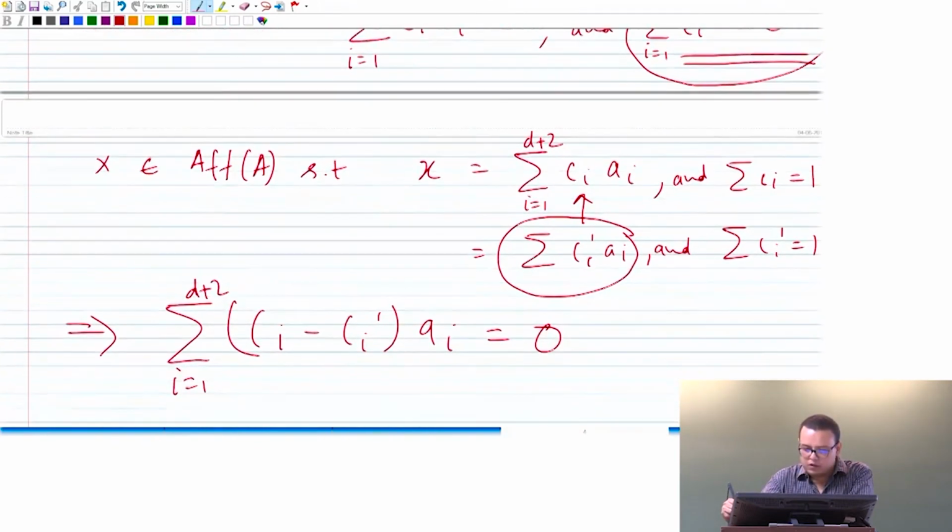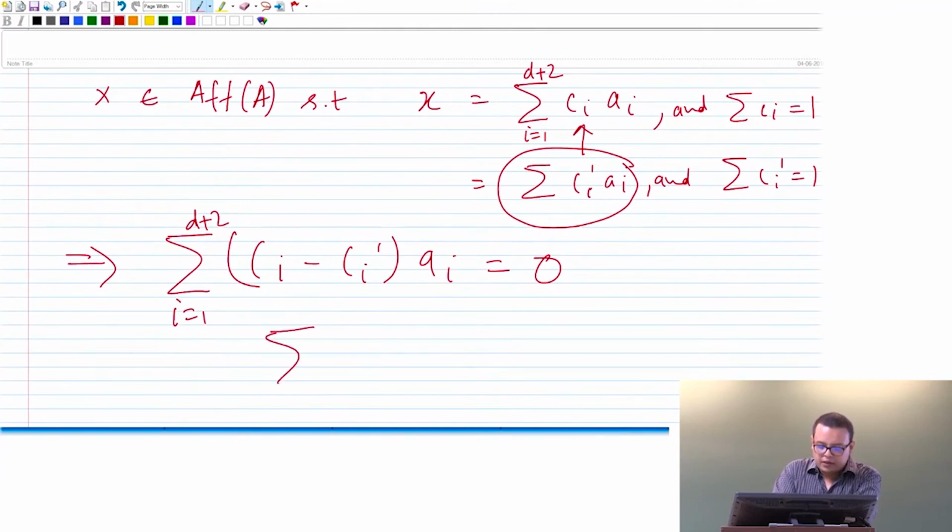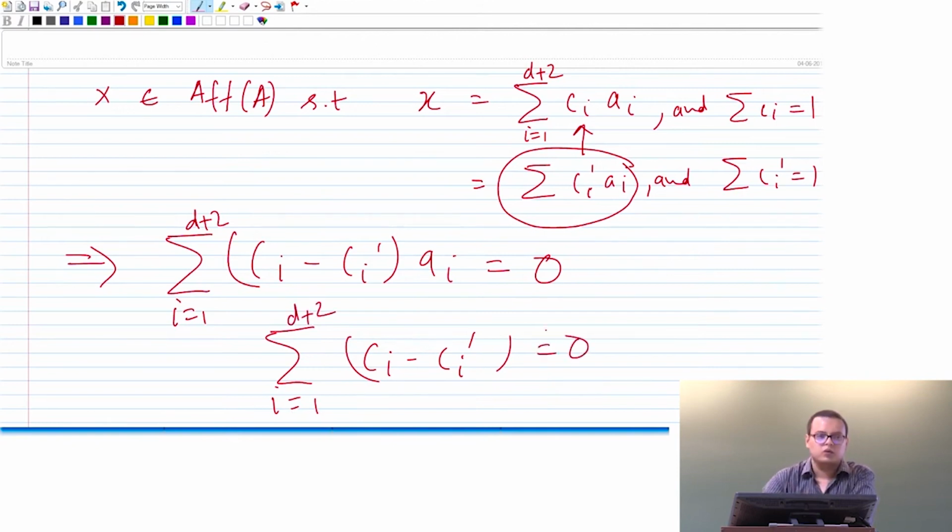Observe, if I add Ci minus Ci prime over i equal to 1 to d plus 2, this is also equal to 0. Why? This is summation Ci minus summation Ci prime, each equal to 1. So, that is why they are equivalent. You can go back and forth between these definitions. If there are a number of equivalent definitions, always use the one that helps you prove the theorem in a more succinct way.